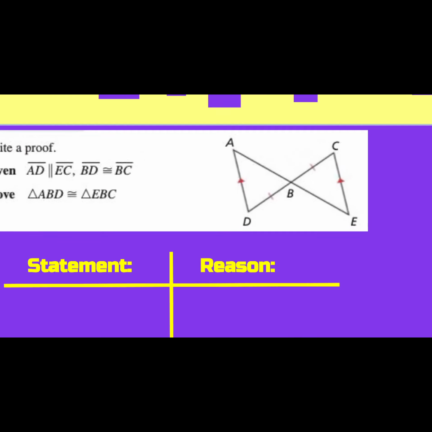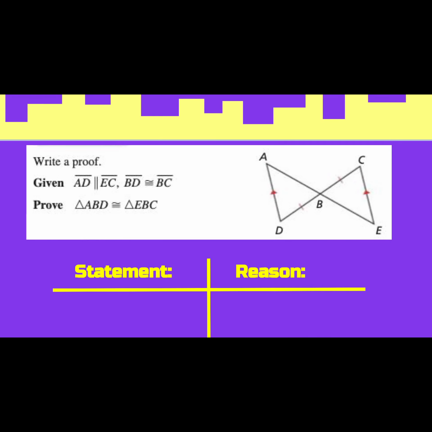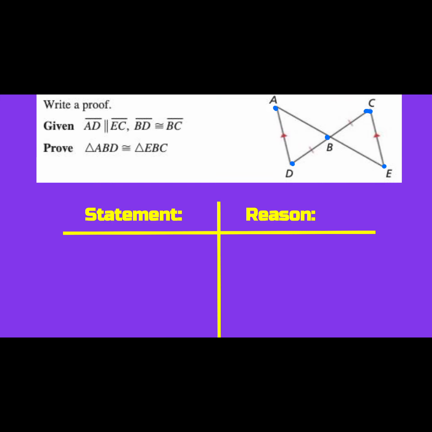Write proof. Given that AD is parallel to BC, and that BD is congruent to BC. So if we start out with our statements here, we just are repeating the given.